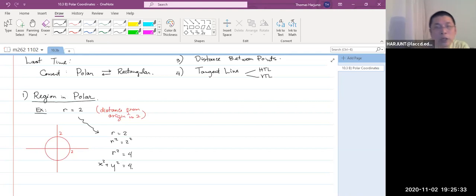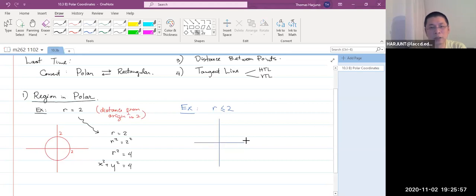Now then, how do we get into region in polar if we have inequality? So if I extend further to inequality, for example, when we have R is less than equal to 2, all the coordinates whose distance from origin is at most 2.